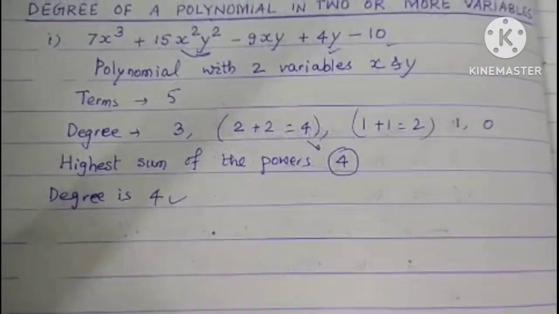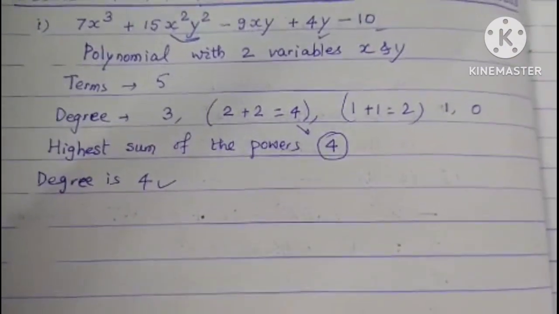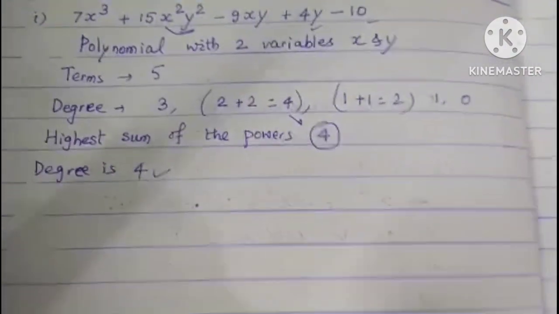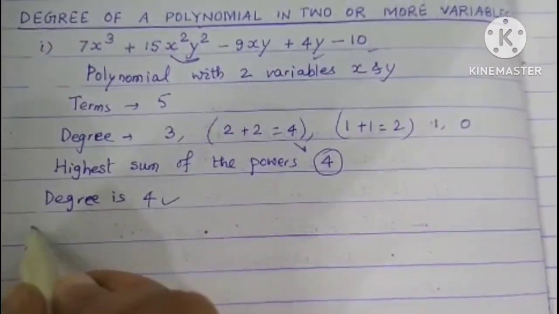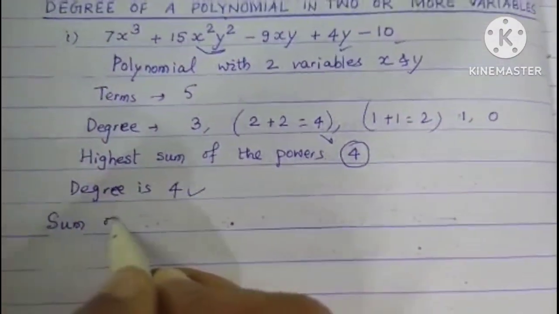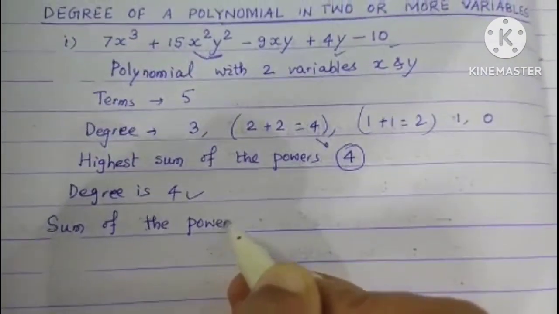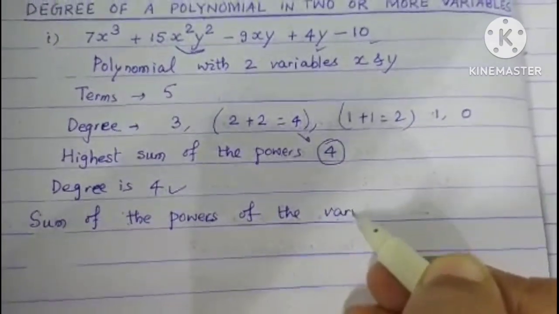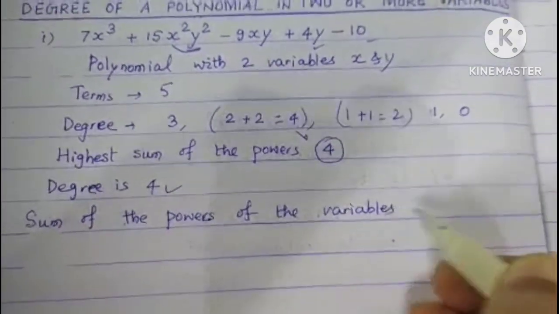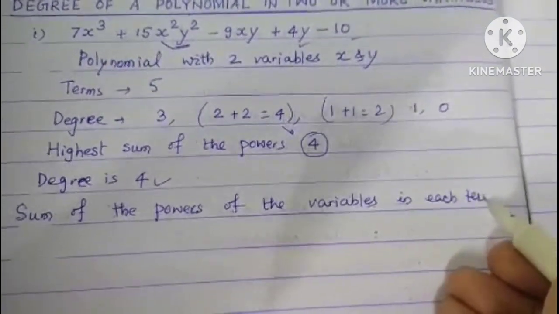So in case of polynomials in more than one variable, the sum of the powers of the variables in each term is taken. This is important.